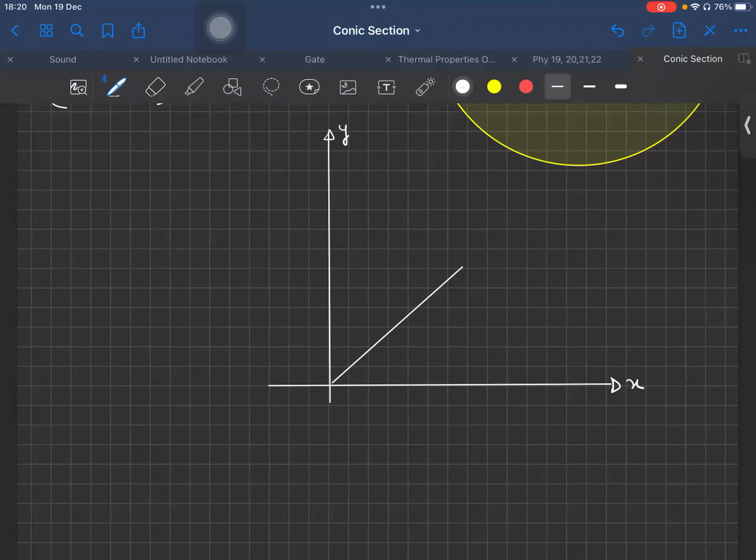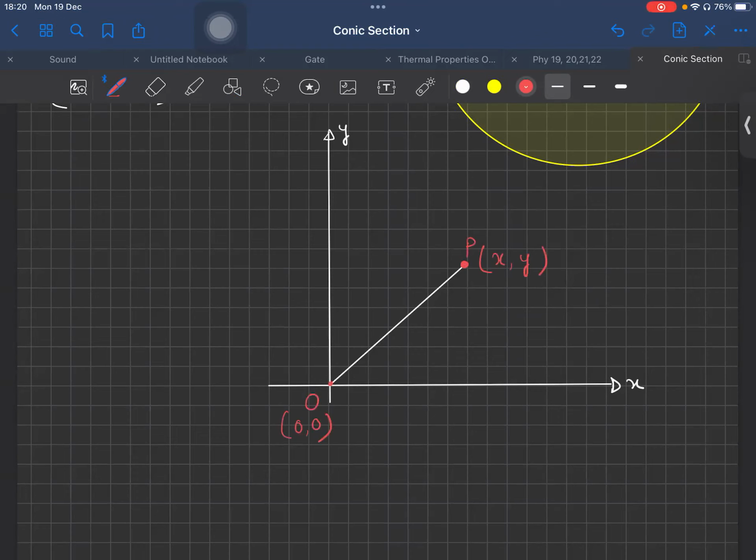So this point P will have some coordinates X, Y, and it is from the origin, which is 0, 0, right?